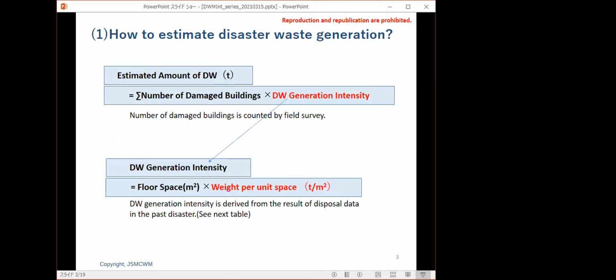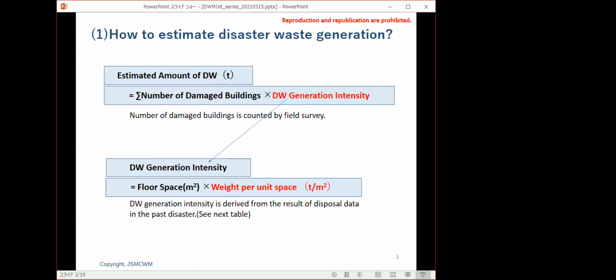This first equation shows how we estimate the amount of disaster waste that is derived from damaged buildings and houses. The estimated amount is equal to the summation of the number of damaged buildings multiplied by disaster waste generation intensity.